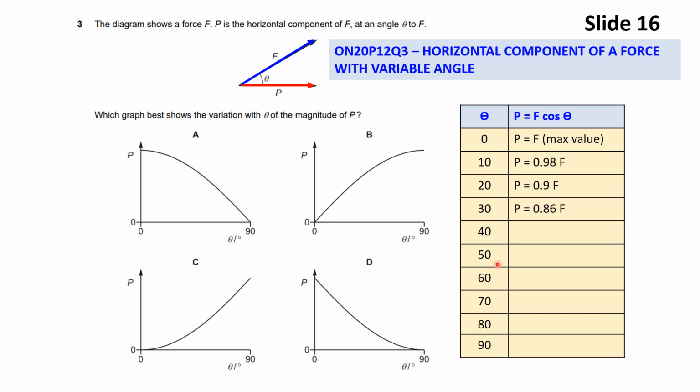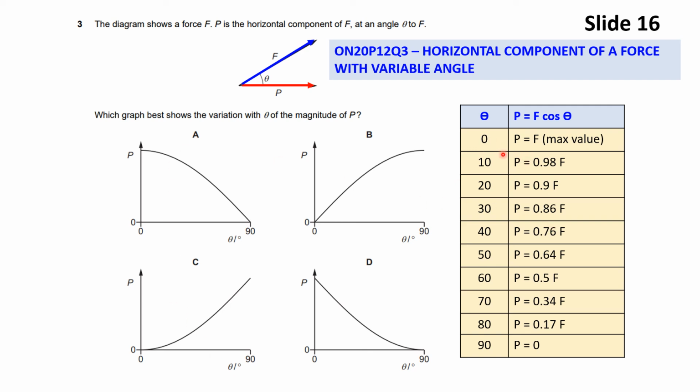Okay, let's keep going. For 10 degrees, P will be 0.98 F, pretty close to 1. For 20, 0.9. For 30, 0.86.